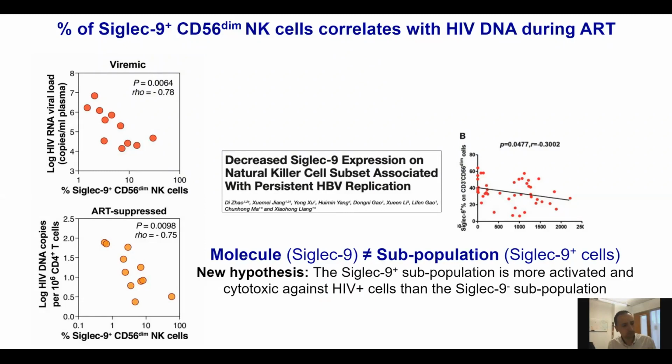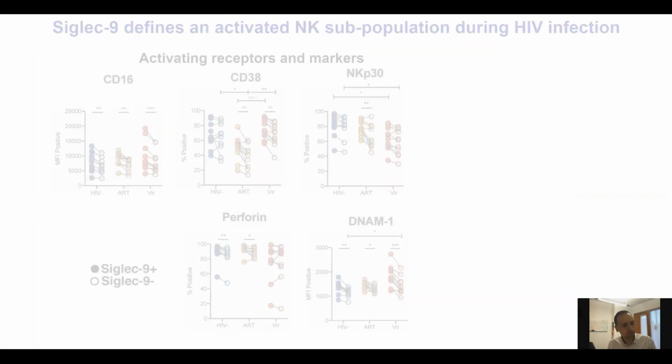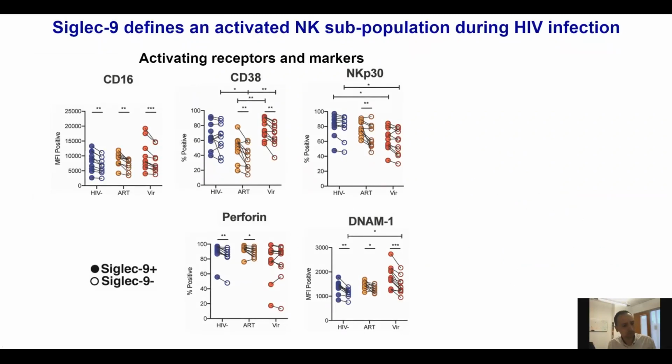So we started to explore this alternative hypothesis, that the Siglecs positive NK cells are actually more activated and more cytotoxic against HIV-infected cells compared to the Siglecs negative subpopulation. We started exploring this by simply measuring the expression of several NK activating and inhibitory receptors on the surface of Siglecs positive cells here in solid dots, and comparing it to the expression on Siglecs negative cells here in open circles.